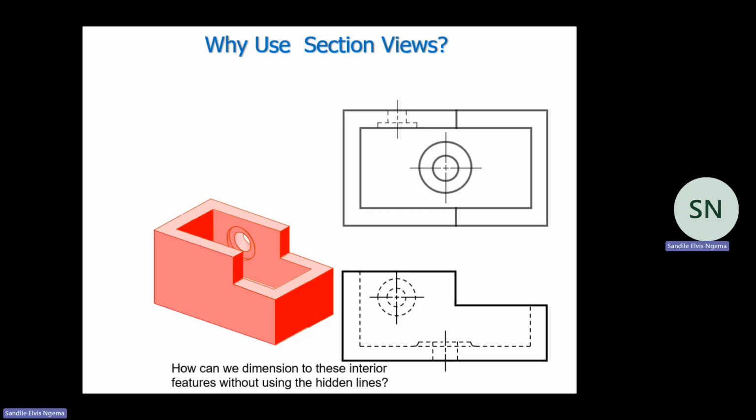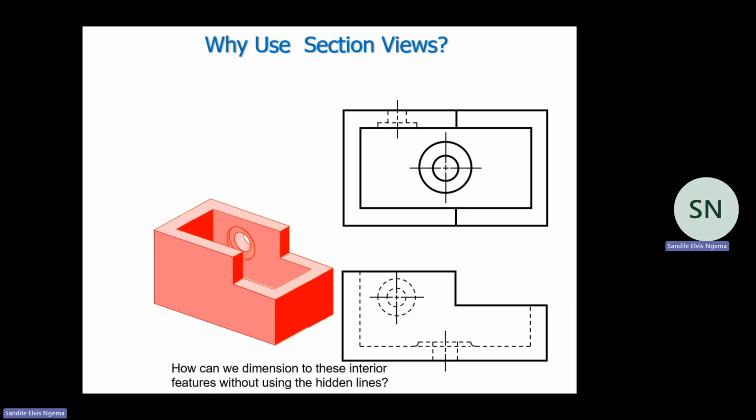Now we've got these two views, which are views of this three-dimensional drawing. The one on the top is the top view, and the one at the bottom is the front view of the three-dimensional drawing. And we want to exercise a sectional drawing.